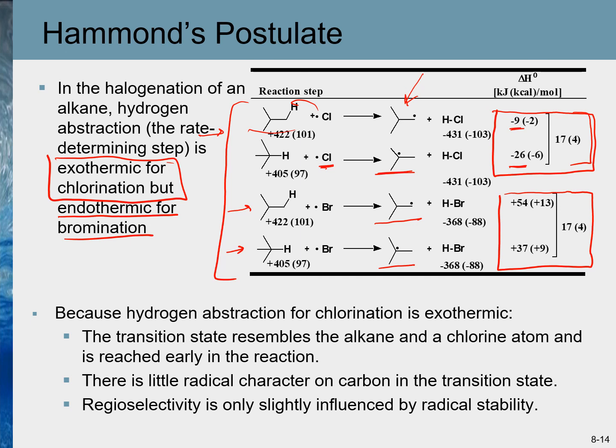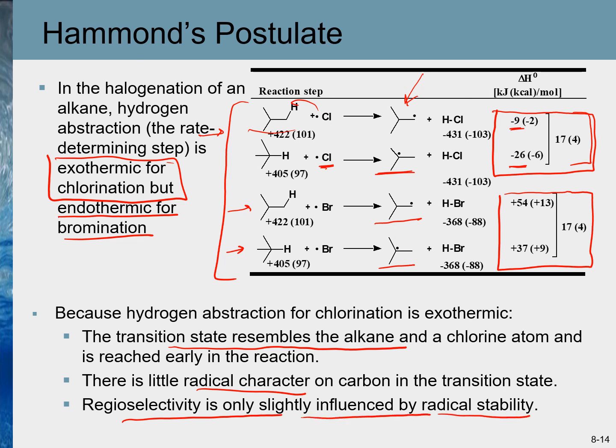In other words, in the chlorination reaction, the transition state has very little radical character. So the stability of radicals does not play any part in determining the outcome of the reaction product. Therefore, regioselectivity is only slightly influenced by radical stability.